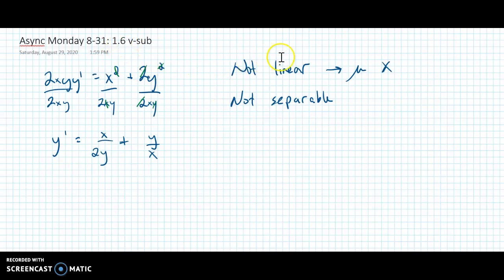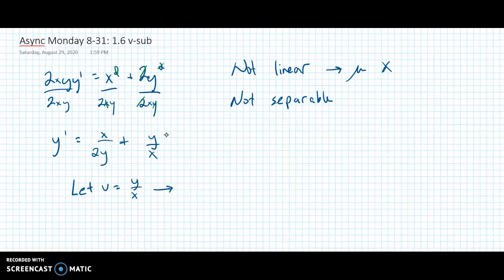Now, your book gets into a lot of different ways that I can do a substitution, but the one we're going to focus on is where I introduce a variable v. I'm going to say let v equal y over x. That's the only sub that you're going to do. There are others, like x plus y, or trig functions, but for this, we're just going to focus on y over x.